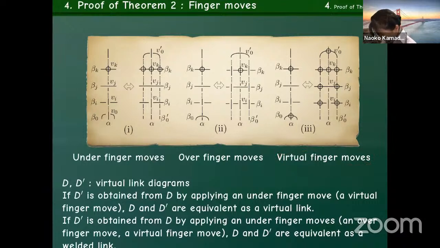It's the under finger move. There is an arc alpha on which there is a classical crossing and a virtual crossing.